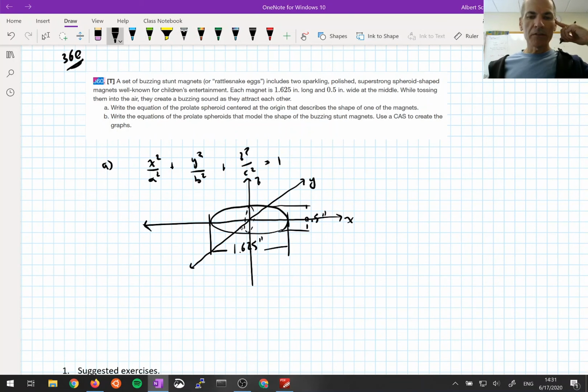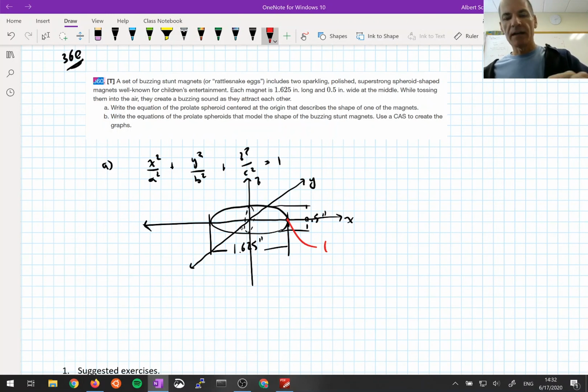Now we can identify actual points that are on this surface. For example, this point right here that I've marked in red, what's the x-coordinate for that point? It's essentially half of 1.625, and that's the x-coordinate, the y-coordinate is 0, the z-coordinate is 0.